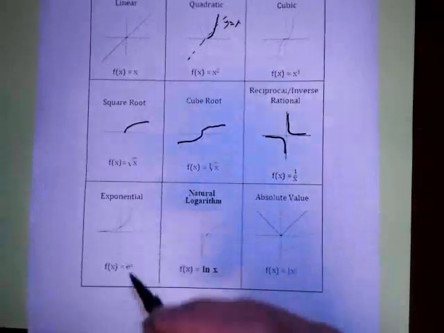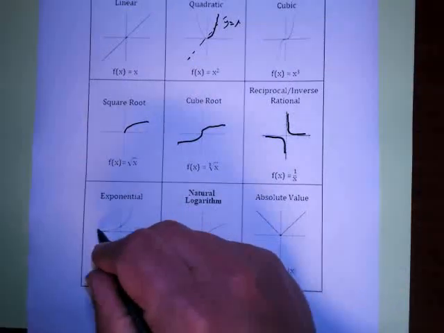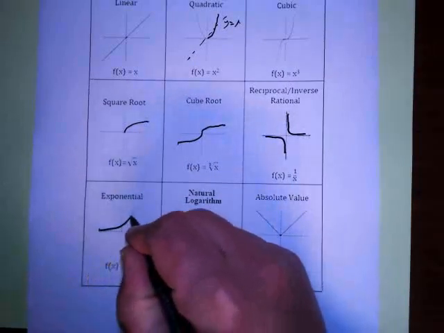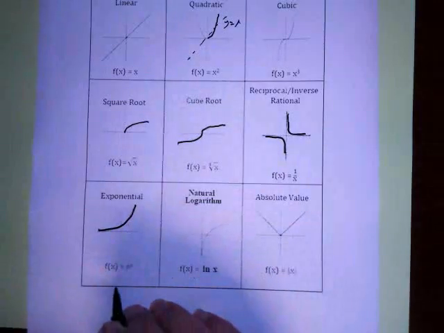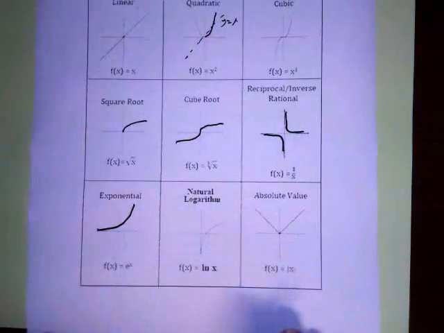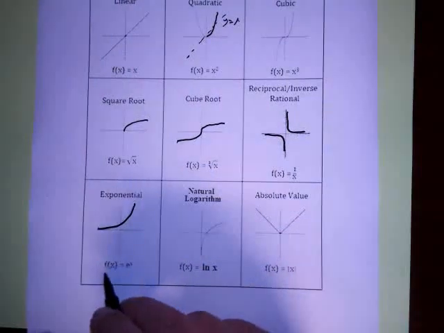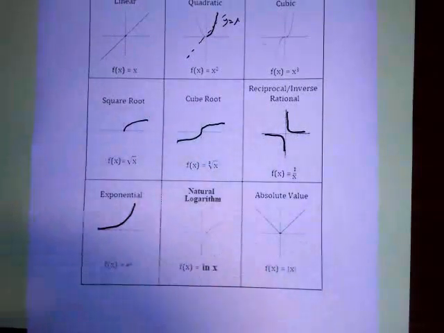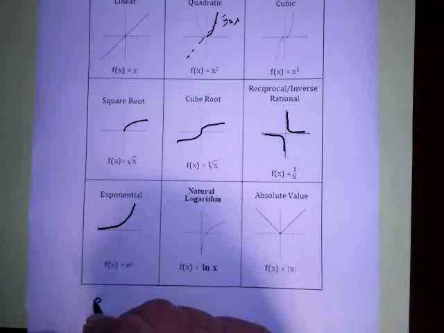And this is the exponential function. This in particular, because this is what we're going to use in calculus, is f of x is equal to e to the x. And e is like the natural base, and it's an irrational number.